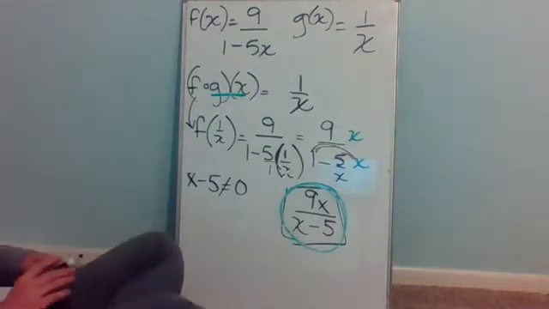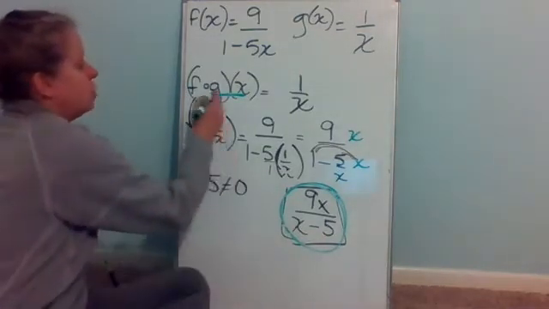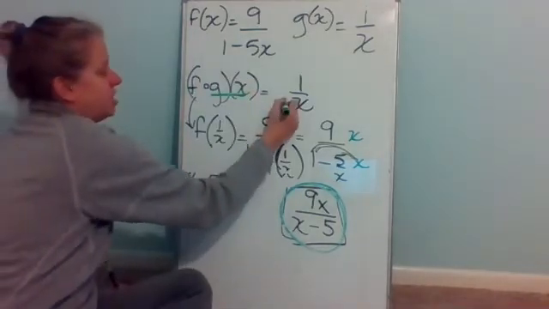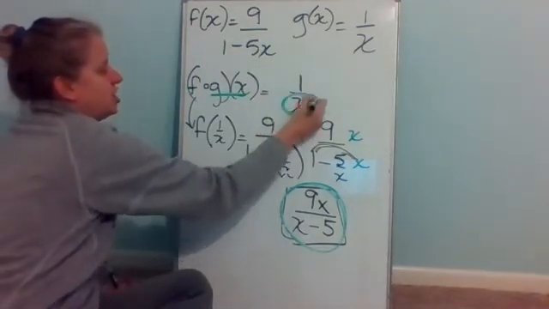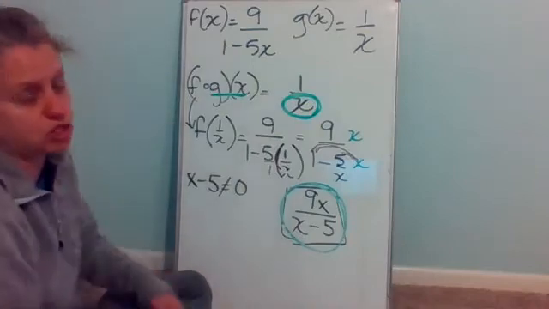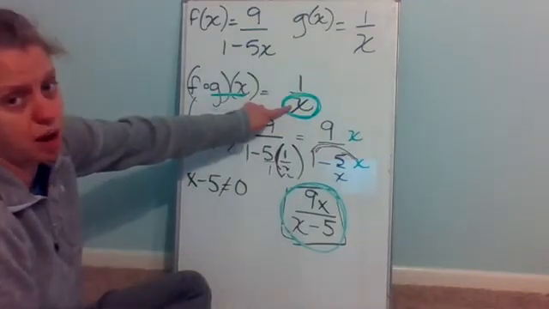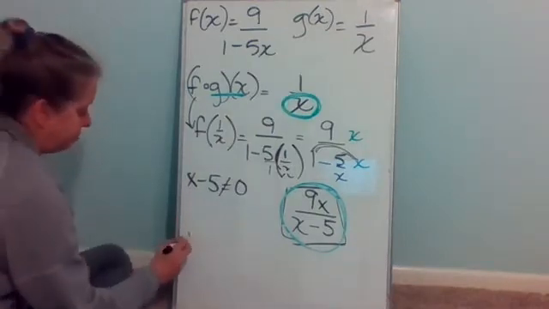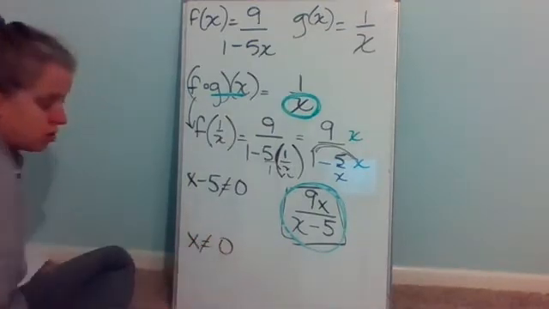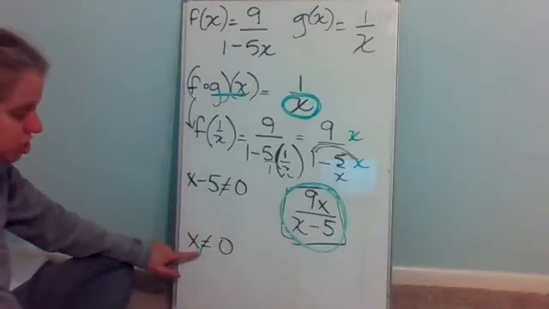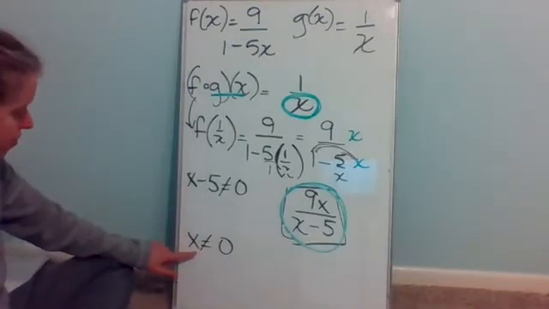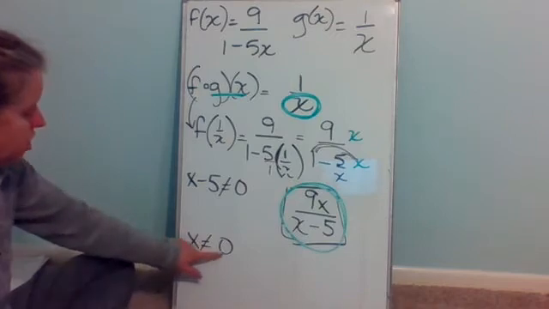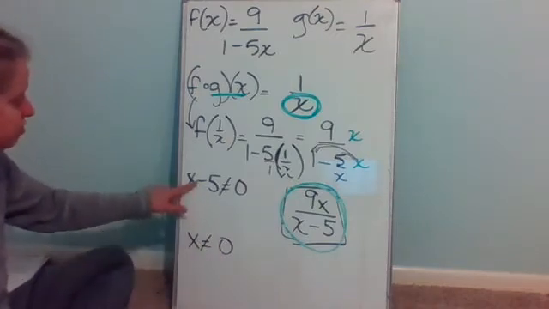Let's see, where else do I need to look for restrictions? When you found g of x and got your answer, you have to look for a restriction there, which is another restriction, right? This denominator, which is just x, also can't equal 0. So I need to see what my 2 restrictions are. Luckily for us, this one's restrictions are already solved for. x can't equal 0.